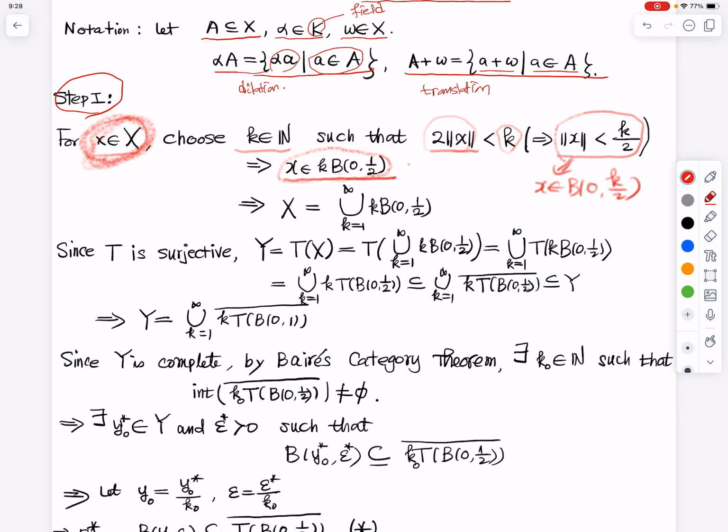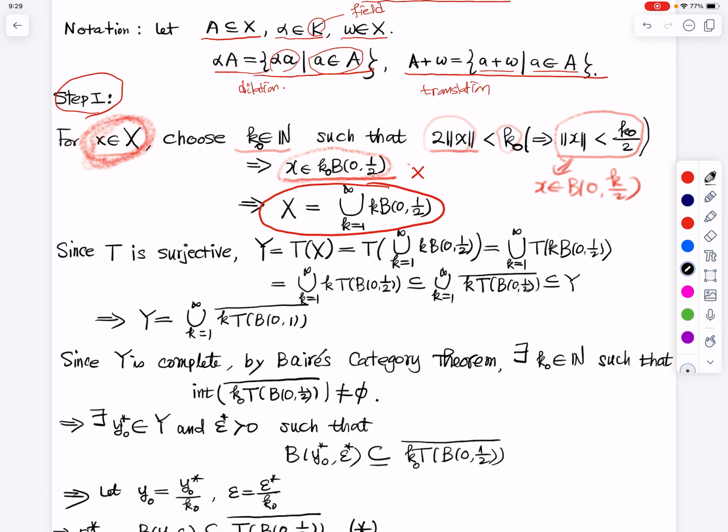That implies X is the union of k B(0, 1/2), k from 1 to infinity. I think it's better to put k0; the reason I put k0 is that k0 is one of the k that appears here.